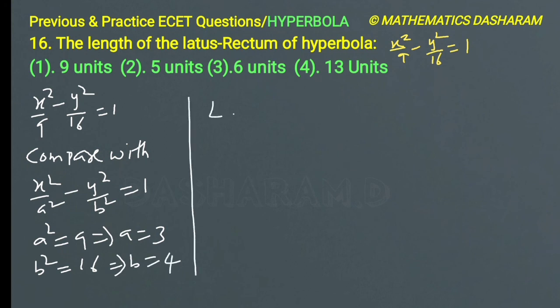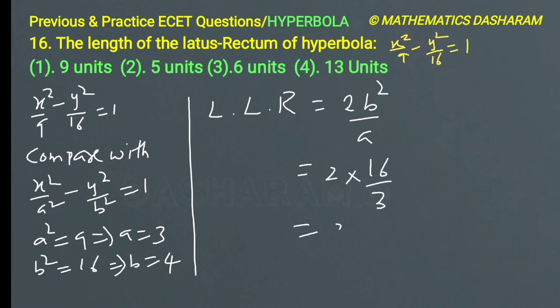Then the length of a latus rectum of hyperbola equals to 2b square divided by a, 2 into b square value 16, a value 3, 32 divided by 3. But given options all are wrong. First option, second, third, fourth, all 4 options are wrong. So answer is none.